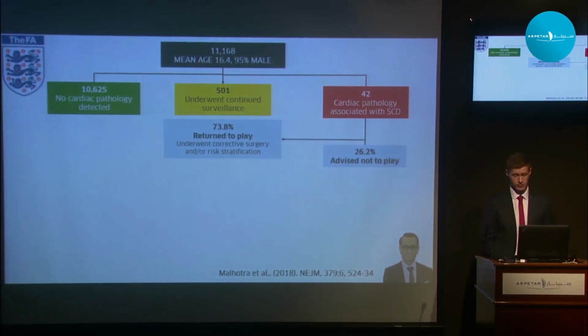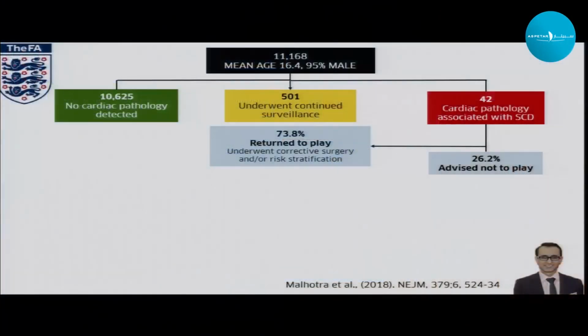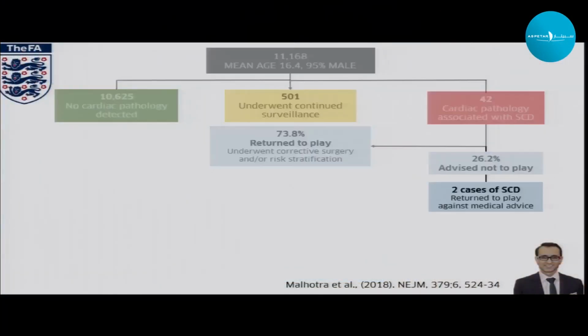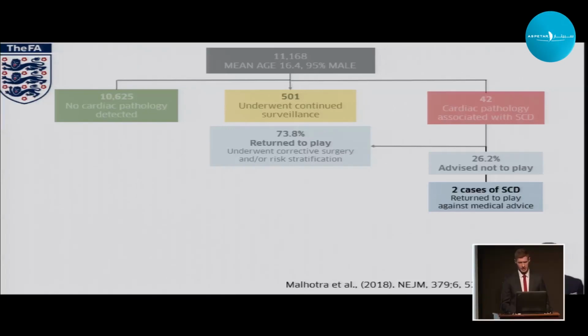Of those 26.2% which were advised not to play, it's important to recognise that in two instances, there were cases of hypertrophic cardiomyopathy, and they did return to play against medical advice, and they did unfortunately proceed to die. And I think anybody like me who would be a screening advocate, it would be remiss or misguided not to consider another fact.